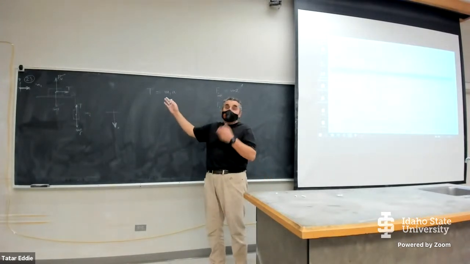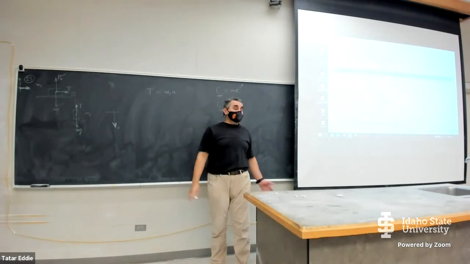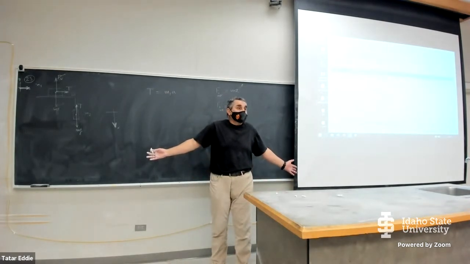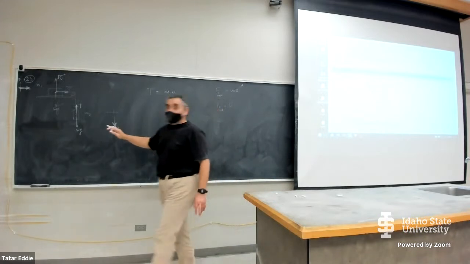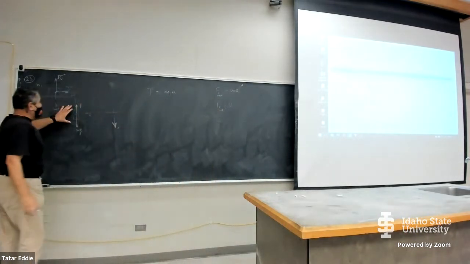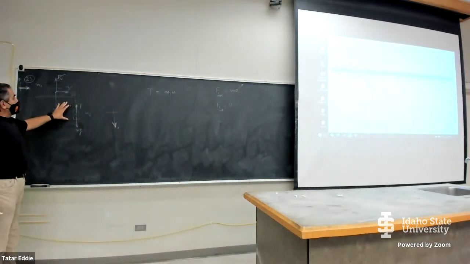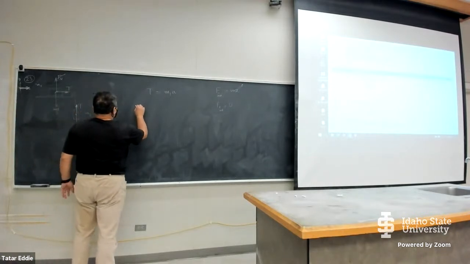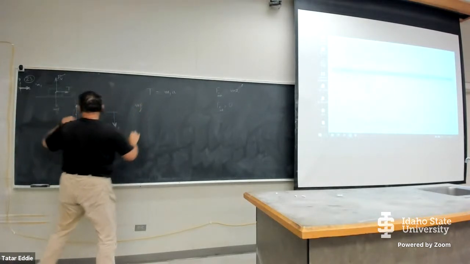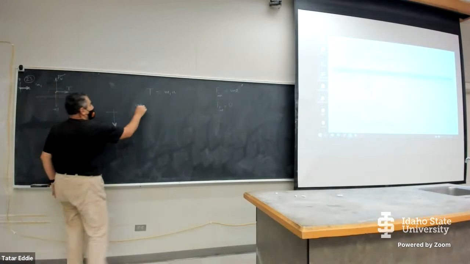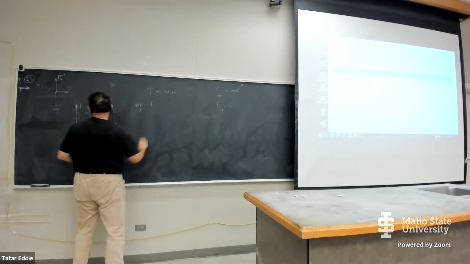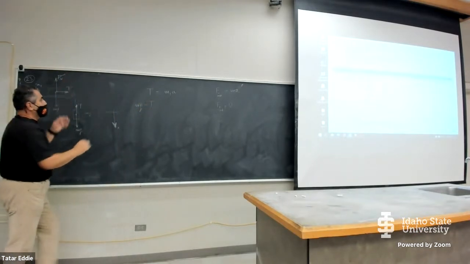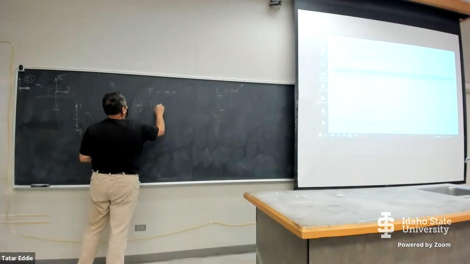Now we have two unknowns, the acceleration and the tension force, so you cannot solve it. But you go and you write Newton's second law for the second object. So for the second object, you have m2g in positive direction, and tension is acting in negative direction. So this is the net force acting on the second object.